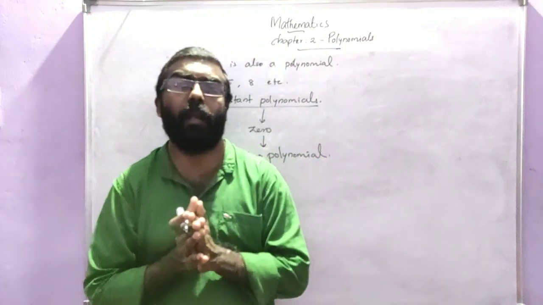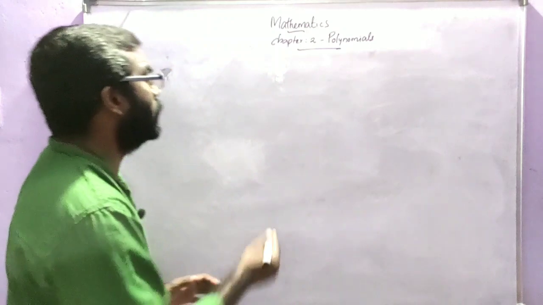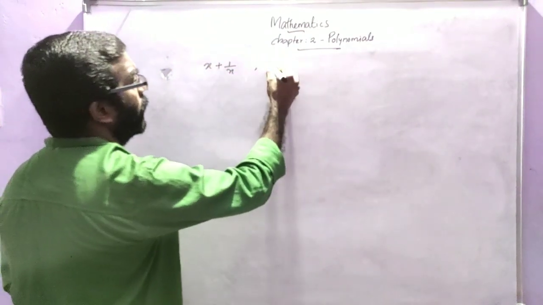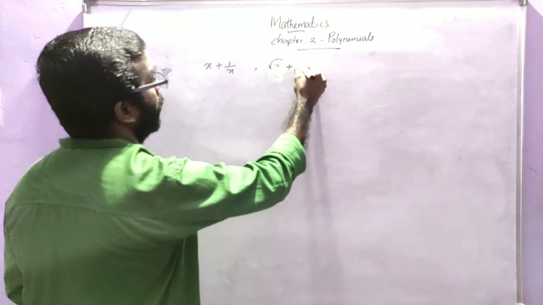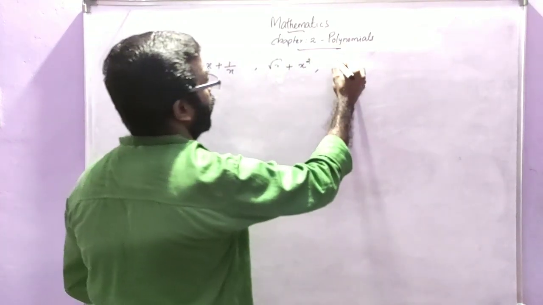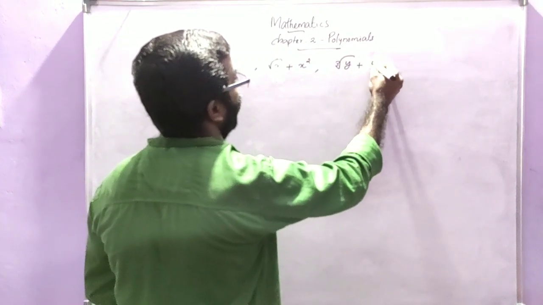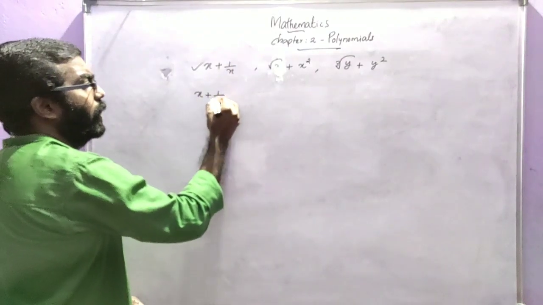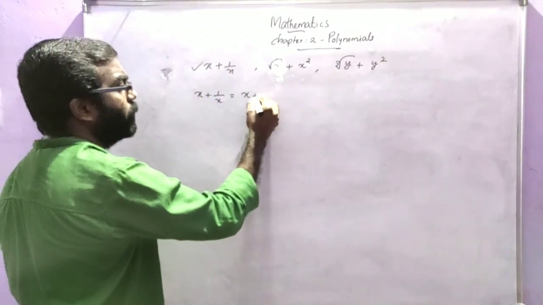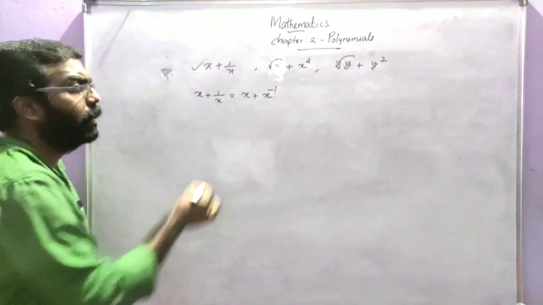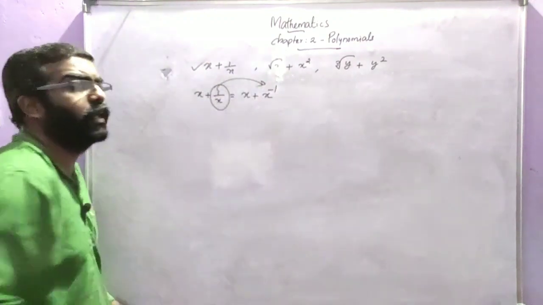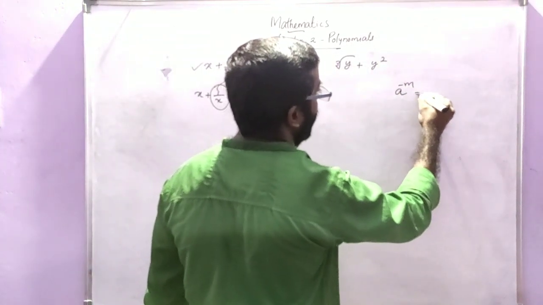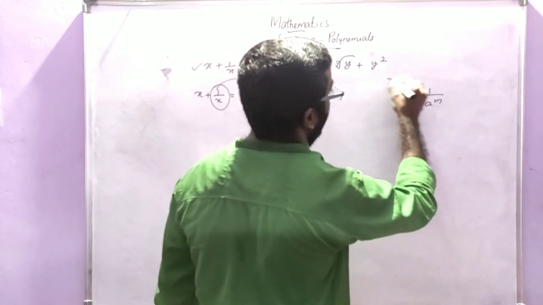Okay. Now consider the algebraic expressions such as x plus 1 by x, then root x plus x square, and cube root of y plus y square. Consider the first example, x plus 1 by x. Here x plus 1 by x we can write as x plus x raised to minus 1. This 1 by x we can rewrite as x raised to minus 1 using the result a raised to minus m is equal to 1 by a raised to m.